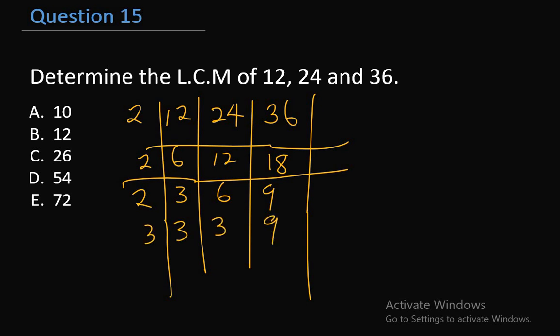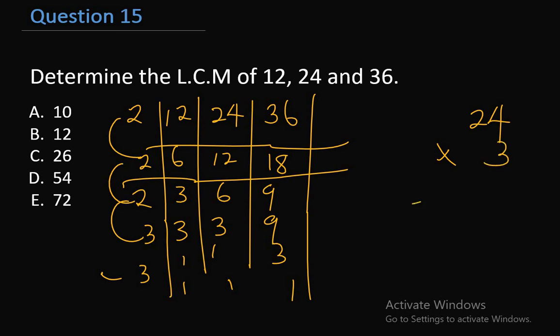We'll go with 3: 1, 1, 3. 3 into 3, 1, 1, 1. So 2 times 2, 4, times 2, 8. 8 times 3, 24. So 24 times the last 3. 3 times 4, 12, 2 carry 1. 3 times 2, 6 plus 1, 7. The answer is 72, which is E.